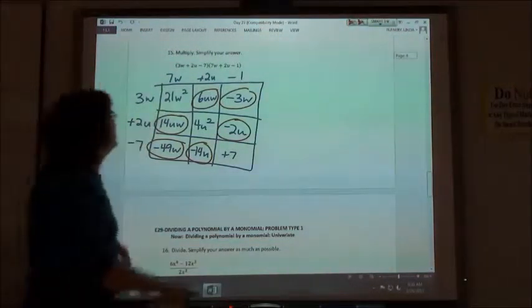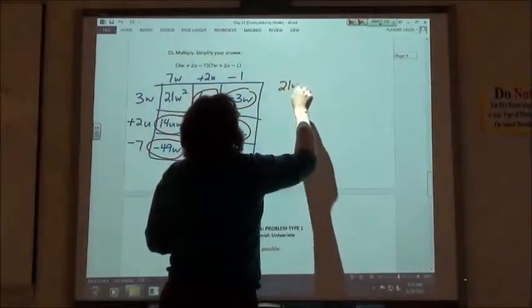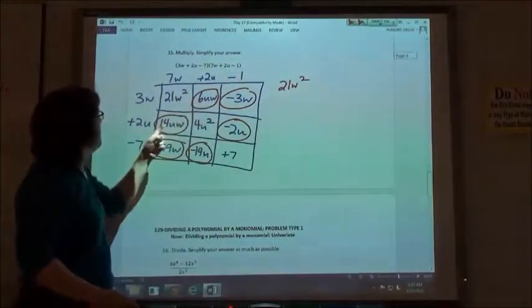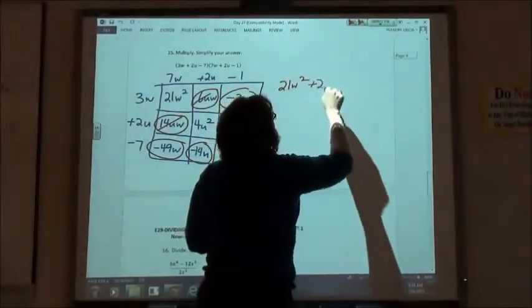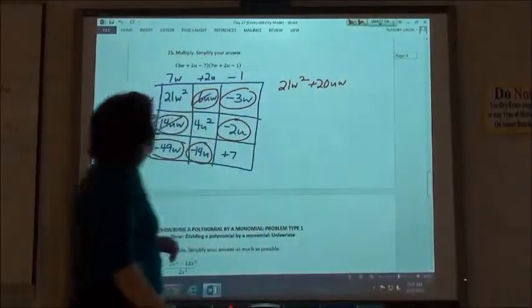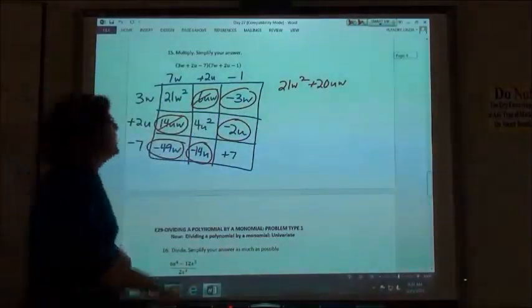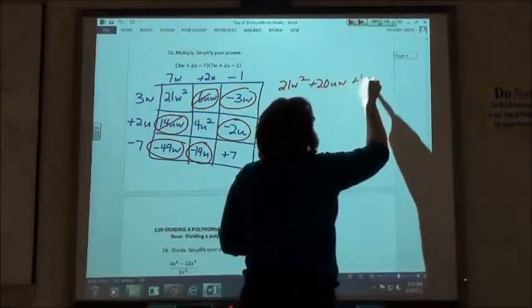So I have 21w squared. If I do these two together, 14 plus 6 would give me 20uw. I suppose I could do my 4u squared, positive 4u squared.